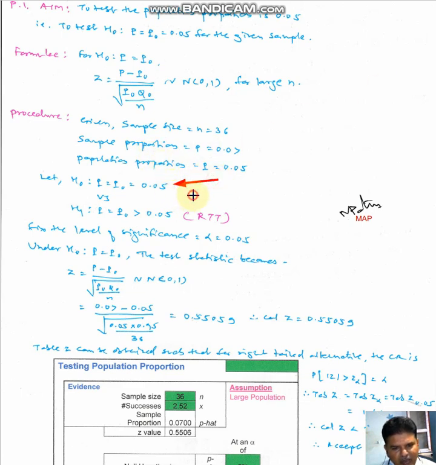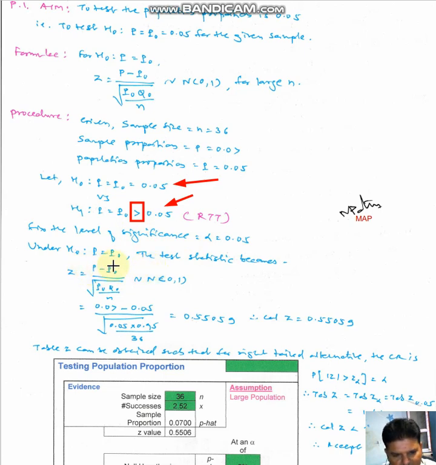The alternative hypothesis is P greater than 0.05, right? Therefore it is a right-tailed test since the value is greater than. If the value is less than, we take a left-tailed test. If the value is not equal to, then that is a two-tailed test.